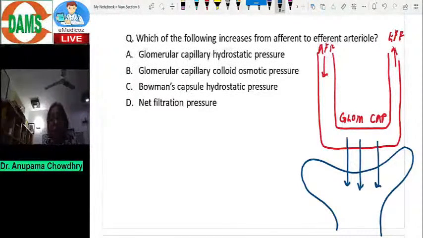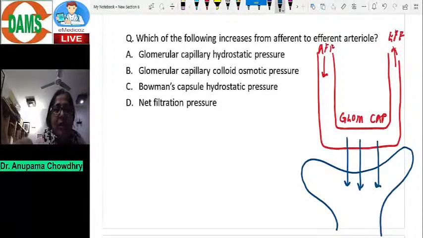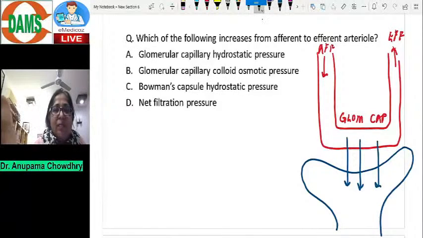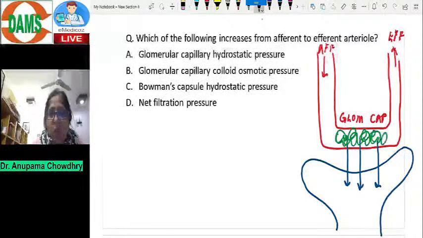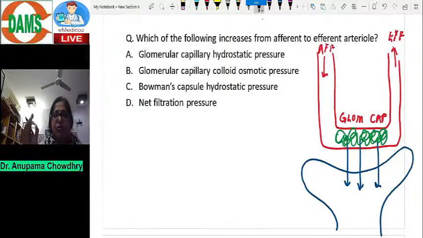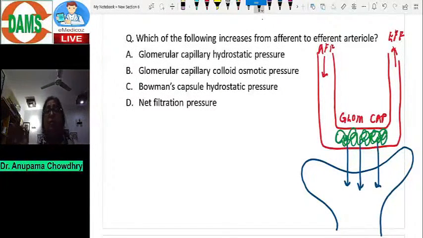Now remember, fluid is being filtered. Fluid, that means water and ions, are being filtered. Glucose and amino acids are freely filtered. But what is not being filtered are the proteins. Proteins are being left behind. And what pressure are the proteins responsible for? They are responsible for the colloid osmotic pressure.